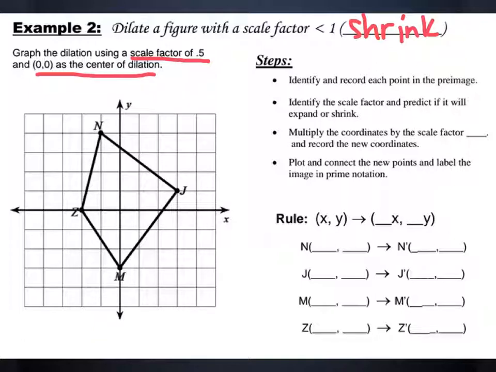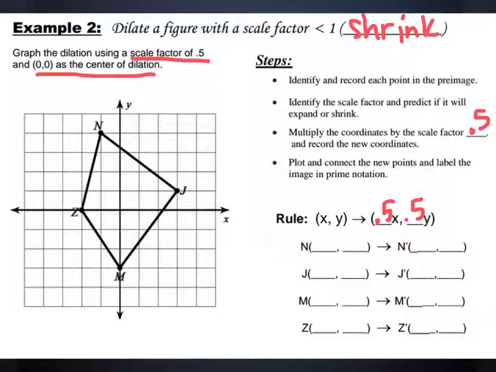So this time, we're going to identify and record our points, find the scale factor, and multiply each of the points by that scale factor. And we're going to plot the new points and write the image in prime notation. So this time our scale factor is 1/2 or 0.5. That means we're going to multiply each x value by 0.5 and each y value by 0.5, or by 1/2.